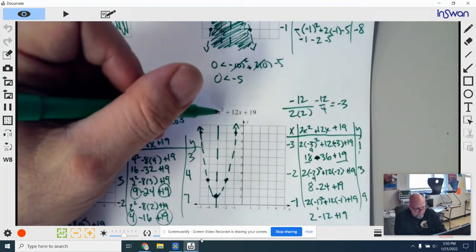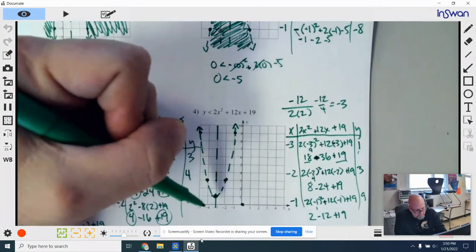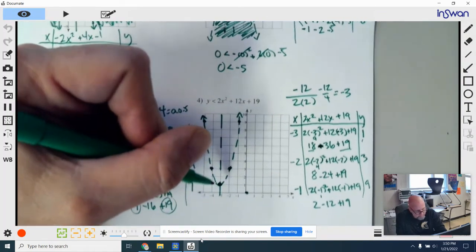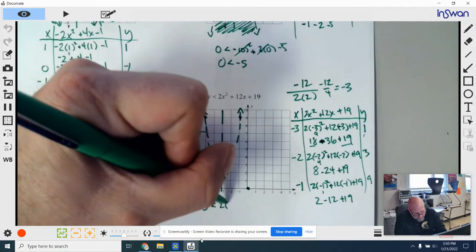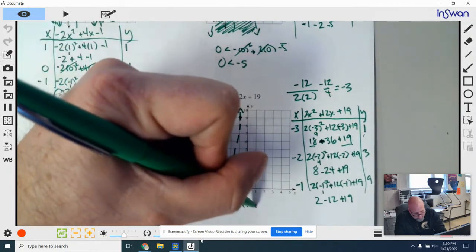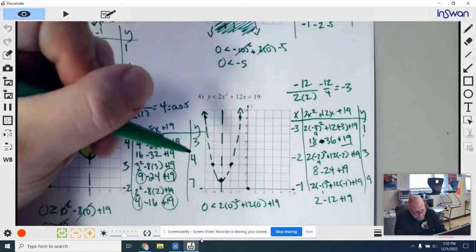All right, now I need to pick a value to plug in, so we can keep running with the 0, 0 and test it. So 0, 0 is on the outside, so let's see if that works. So 0 is less than 2 times 0 squared plus 12 times 0 plus 19.